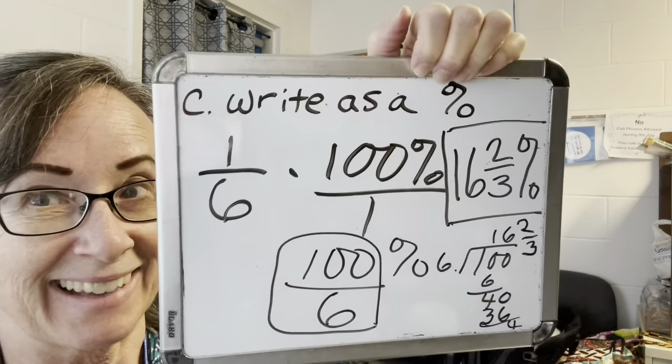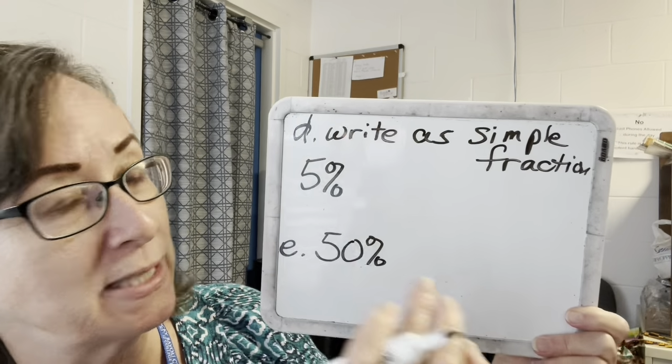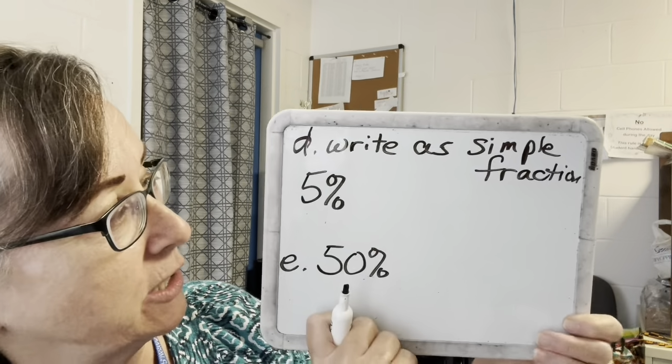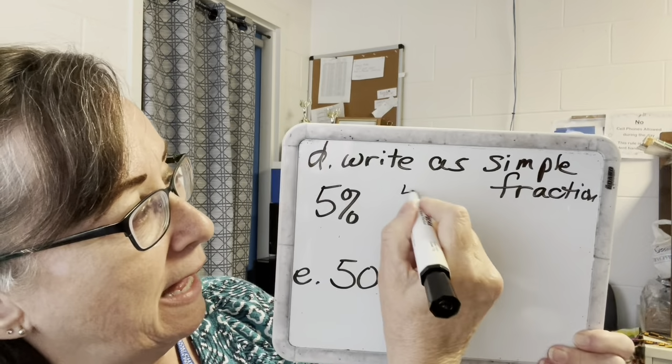Now let's look at D. Now our instruction is different. We're going to take each percent and write it as a simple fraction. So 5% becomes 5 over 100, but we know that 5 is a factor of both 5 and 100. 5 divided by 5 is 1. 100 divided by 5 is 20.